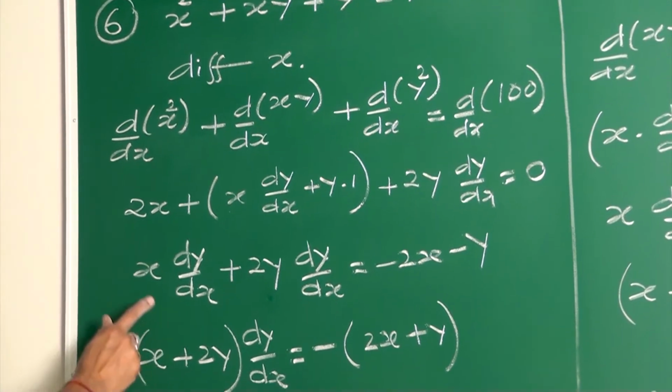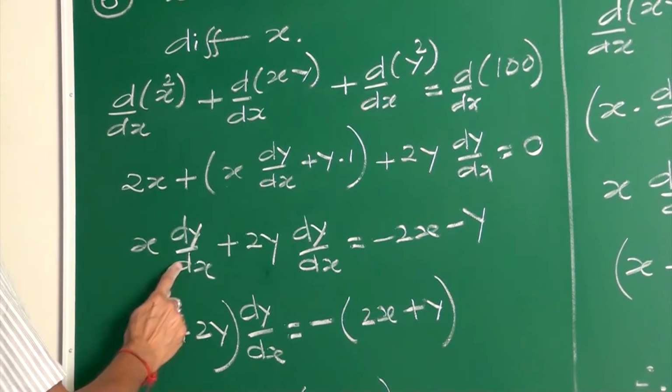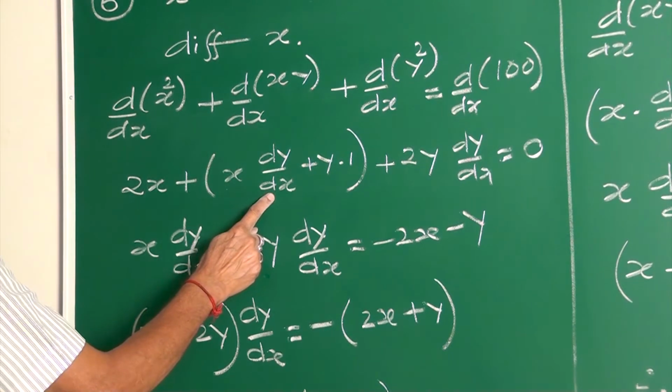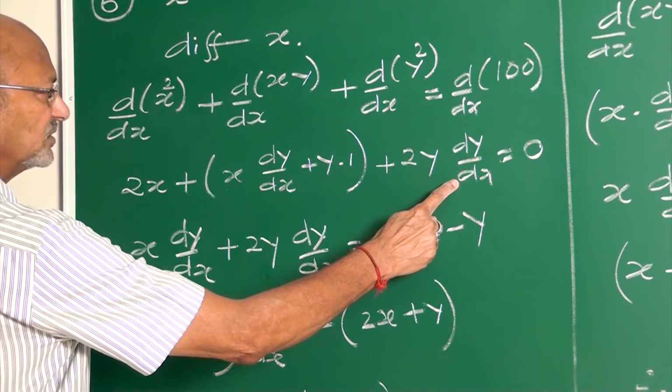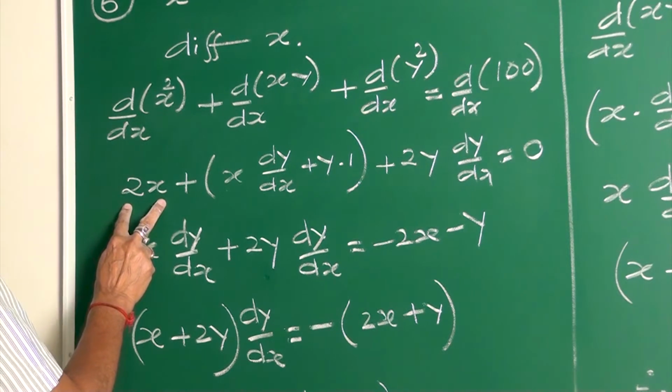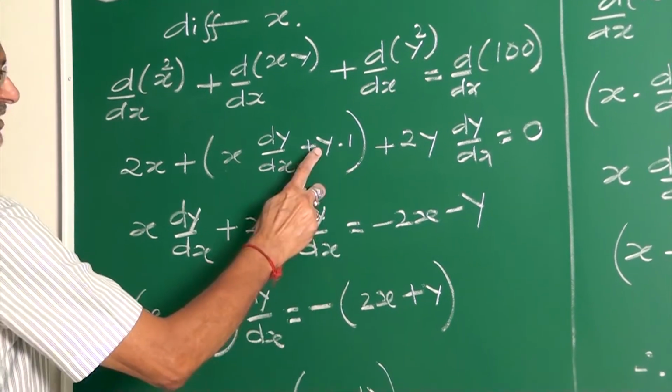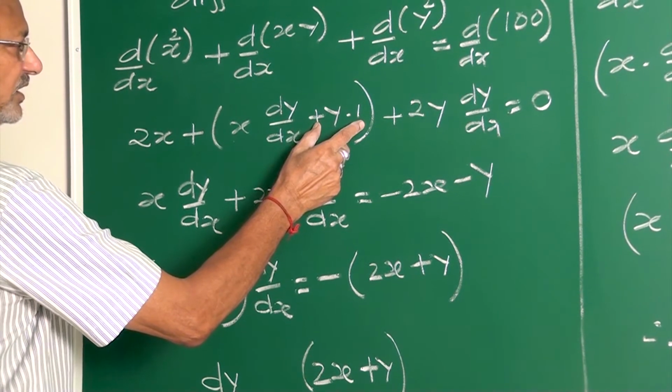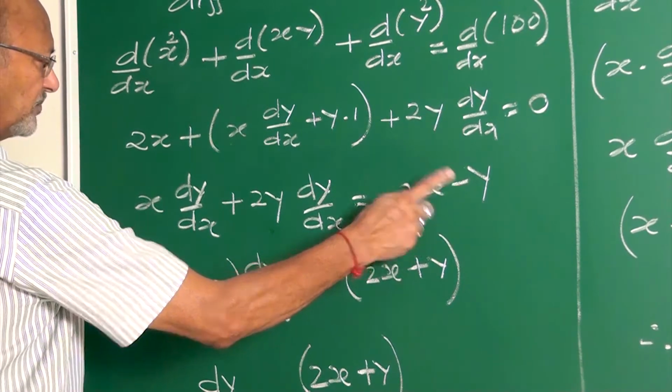Simplify it, collect it. X into dy by dx is one term which contains dy by dx. The other term is 2y into dy by dx. The terms free from the derivative, shift to the RHS: this plus y, this is free, shift to the RHS.